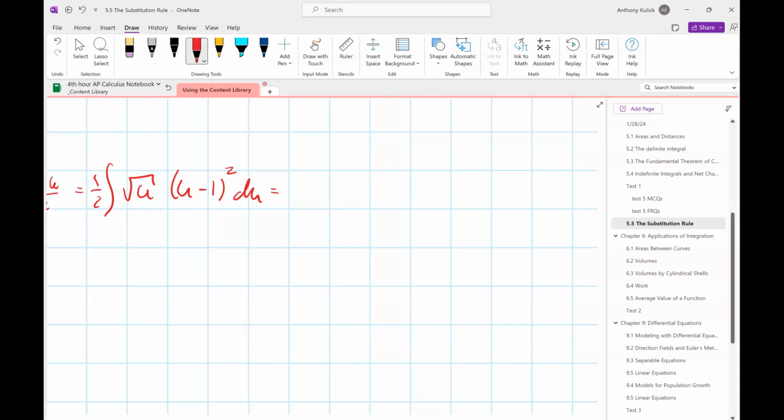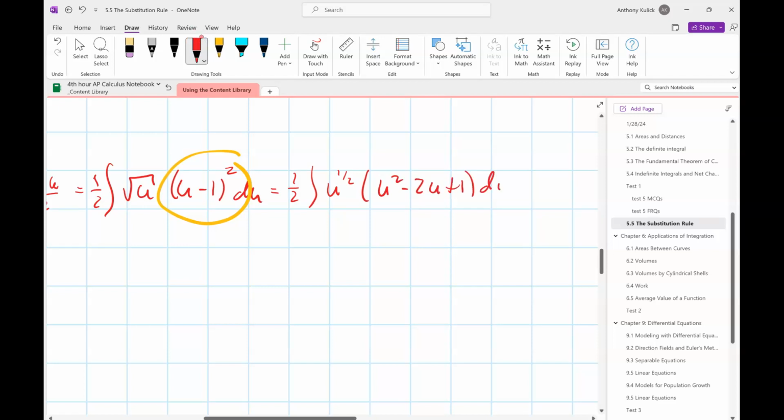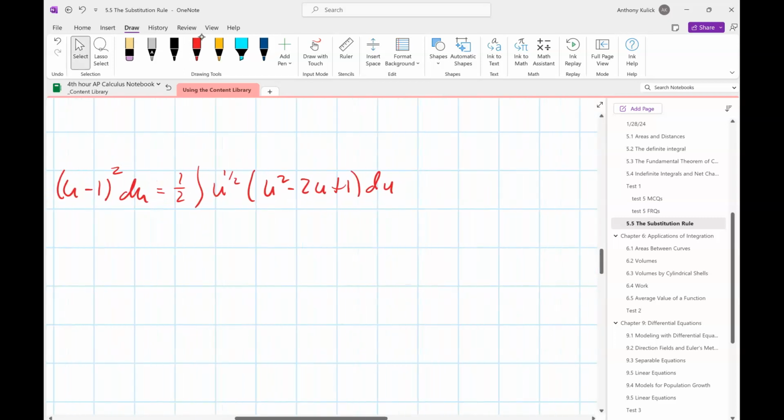No. So what should you do then? Foil that out, right? If you can't integrate it as it's currently written, try rearranging it to get into a form you can integrate.